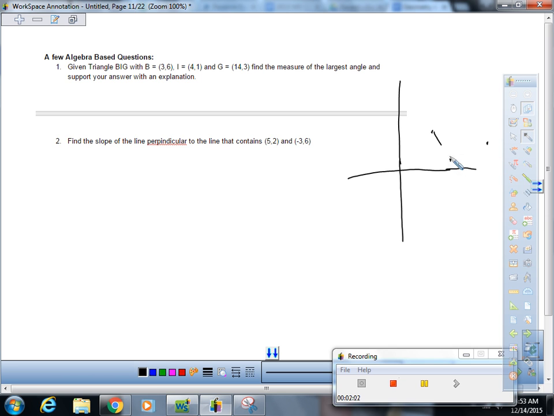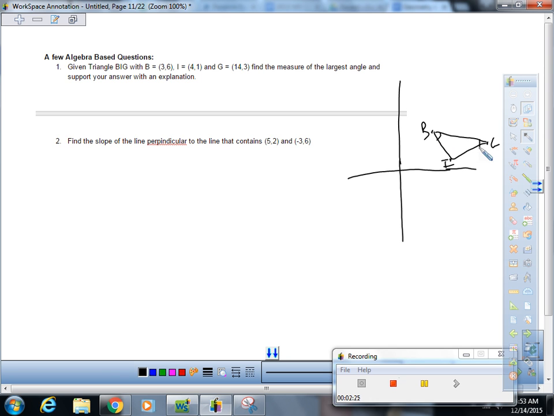And if we connect them, let me label this B, I, G. We know that angle IBG would obviously be acute, and so would IGB.